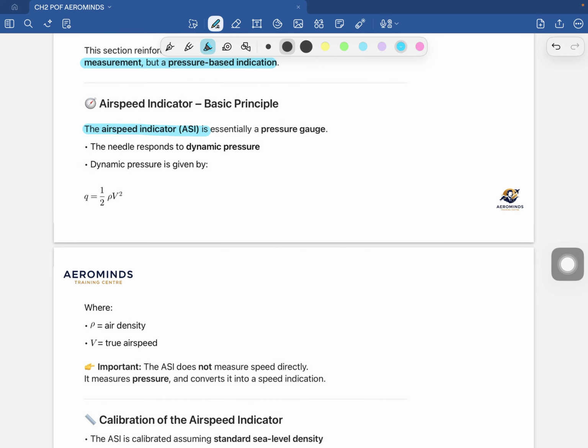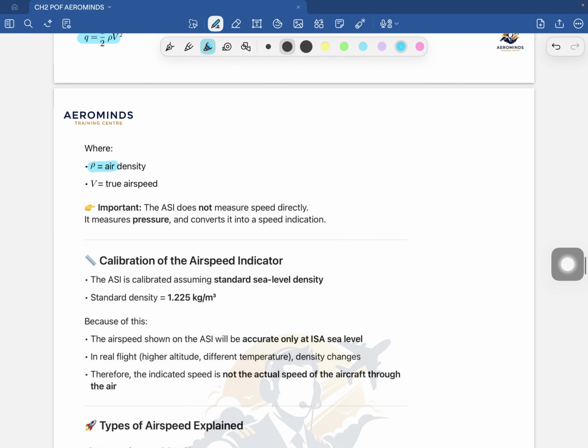The ASI is essentially a pressure gauge, and the needle responds to the dynamic pressure, and the dynamic pressure is given by q is equal to half rho v squared, where rho is the density and v is the true airspeed. An important note is the ASI does not measure the speed directly. It measures the pressure and converts it into a speed indication.